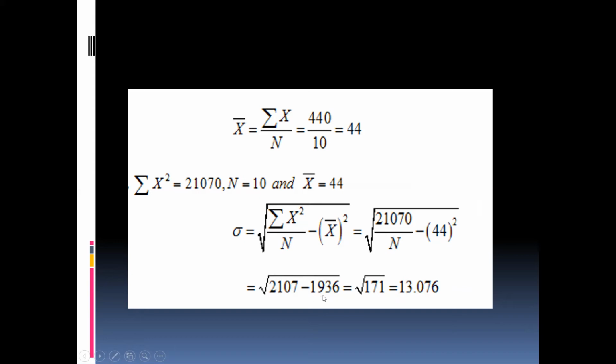Now when 1,936 is subtracted from 2,107, we'll get 171. So finally, to calculate the standard deviation, we'll take the square root of 171, which is nothing but 13.07. I hope that the second method, that is the direct method of calculating standard deviation in case of individual series, is also clear to everyone.